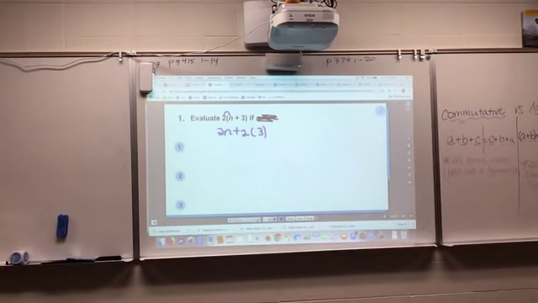What I've just done was rewrite the problem using the distributive property. 2 times n is 2n, plus 2 times 3 is 6. Can I put those together to make 8n? No. I have 2 bags and 6 singles. I cannot all of a sudden say I got 8 bags. So this is my answer, 2n plus 6.